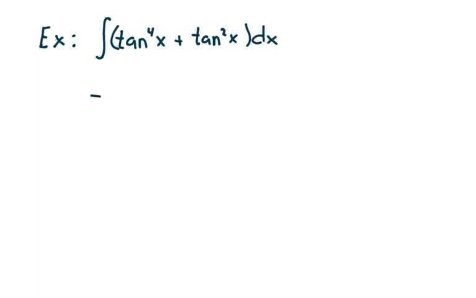I'll give you one. I'll just throw in a trigonometric integral here. So if we have the integral of tangent to the 4th x plus tangent squared x dx, this is the integral of tangent squared x times tangent squared x plus 1 dx.